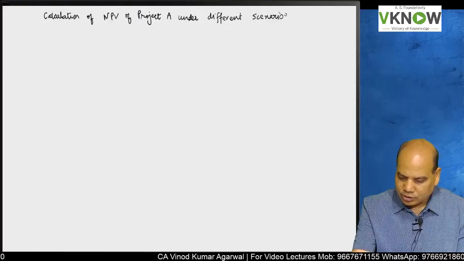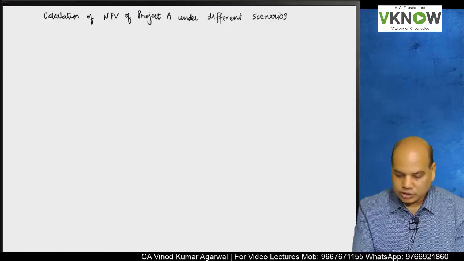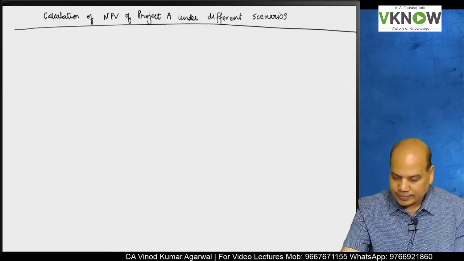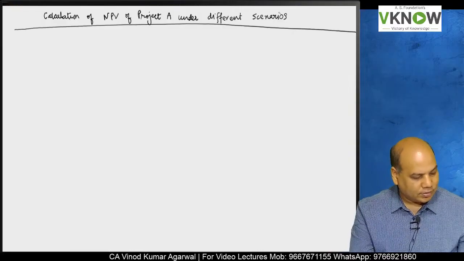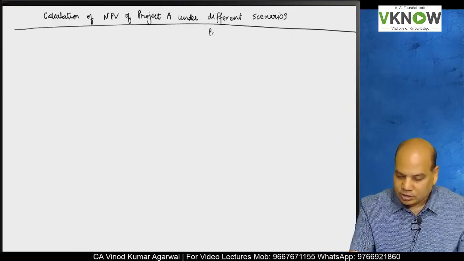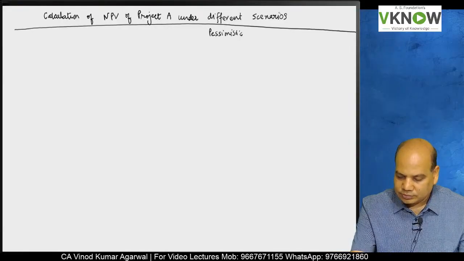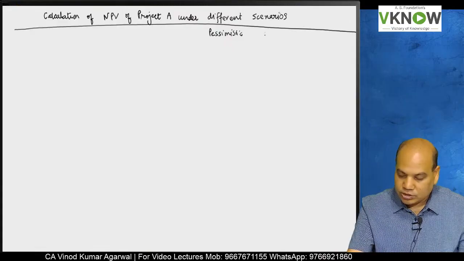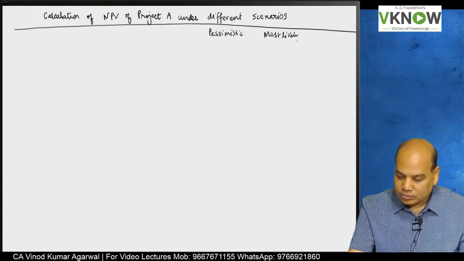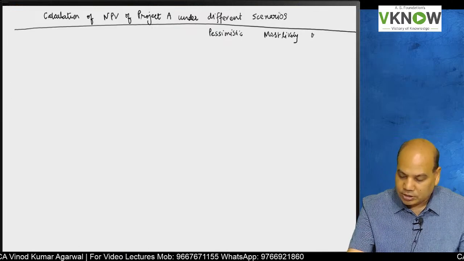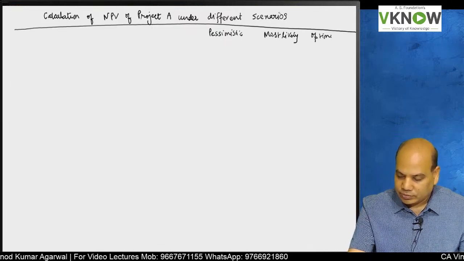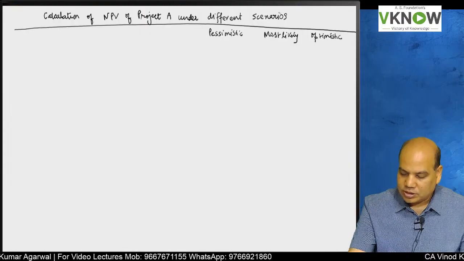So there are 3 scenarios. Which are these 3 scenarios? That is your right hand side 3 columns. Pessimistic means worst scenario, most likely, and the last one optimistic means best scenario.